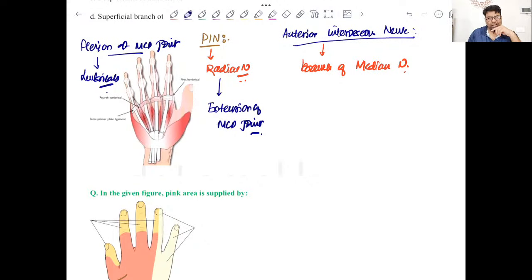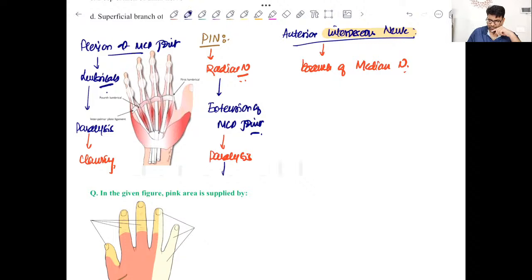Now this is an interrelated concept, so I'm taking everything. I'm not restricting myself to AIN, I'm taking the PIN also, because we are discussing the interosseous nerves, right? Okay, so if there is paralysis of the lumbricals, this will result in clawing. Clear? This we have already discussed.